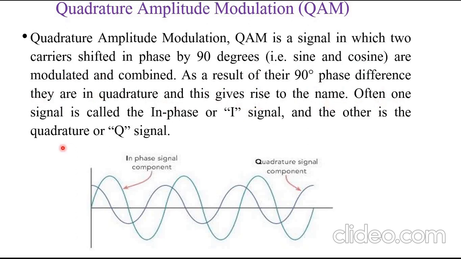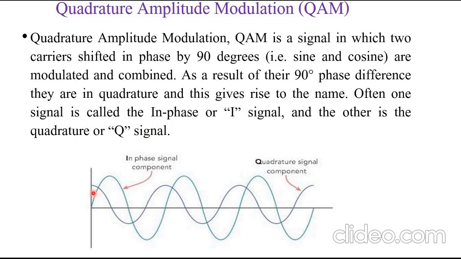Often, one signal is called the in phase or I signal, and the other is the quadrature or Q signal.